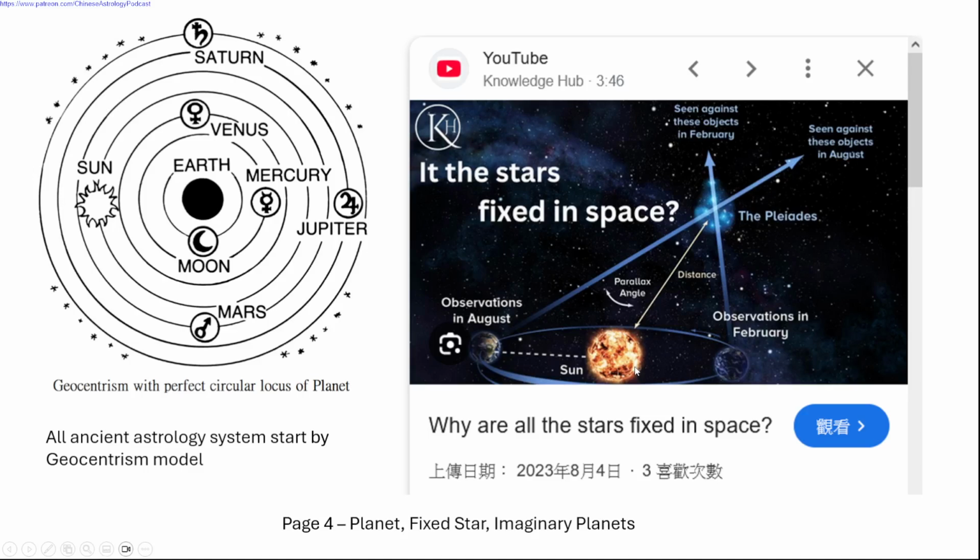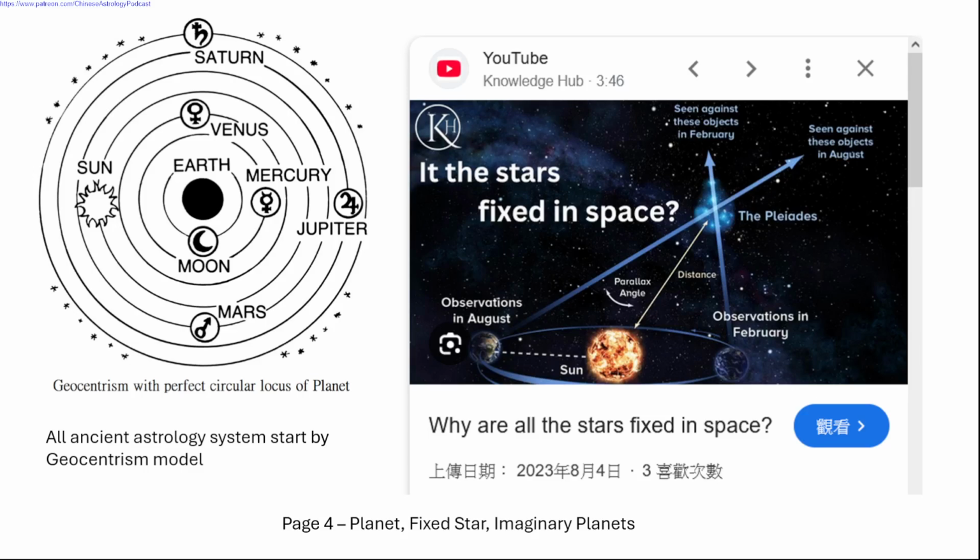The origin of all astrology systems uses a geocentric model, in which the Earth is in the center of the universe or solar system. Despite the findings in astronomy, astrology systems are still retained in these old forms of foundations. There are three key elements in the description of the celestial objects in the universe.